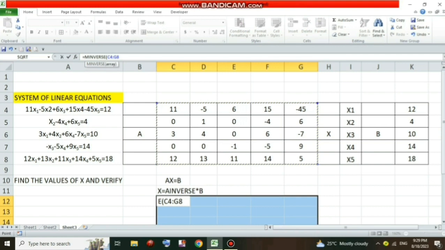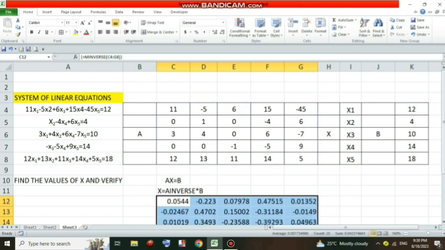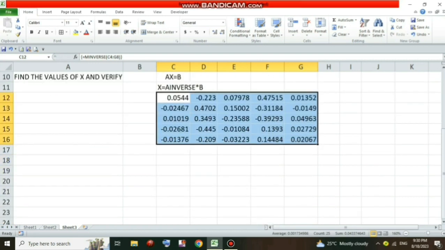Then I close the brackets and type Control Shift and Enter all together simultaneously. After typing Control Shift and Enter, I have got the inverse.